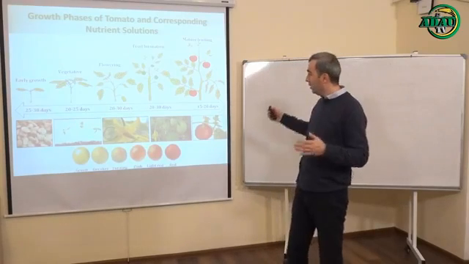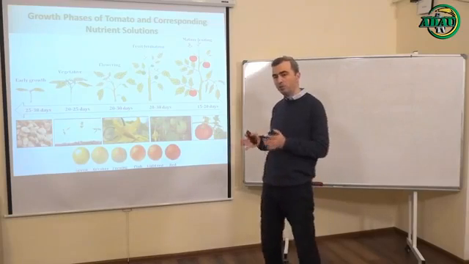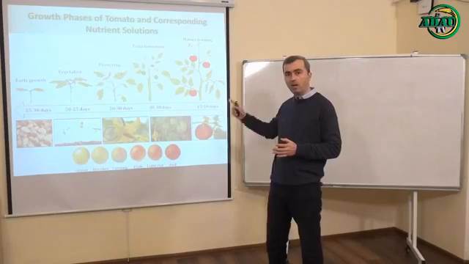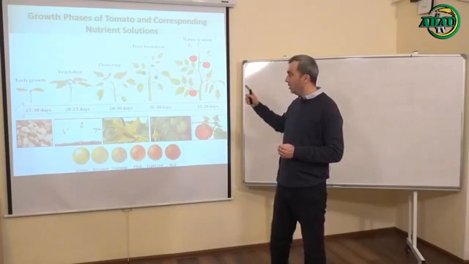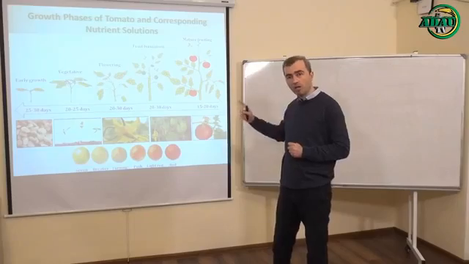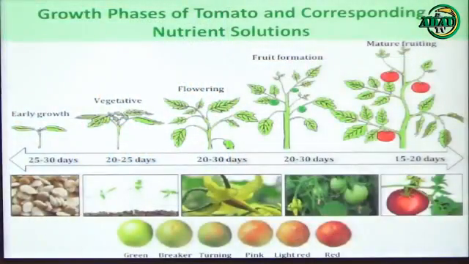But as an example, before you start to prepare your nutrient solution, you need to know what your plant's development stage is, what stage you are in now, and what the ingredient content in your nutrient solution should be.